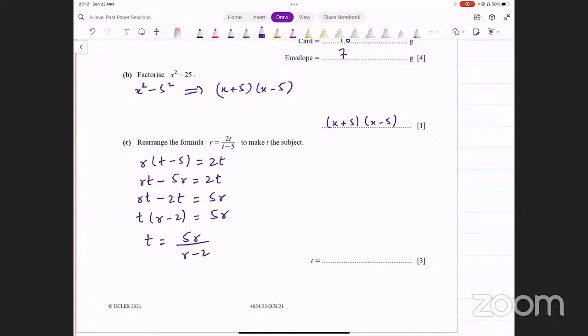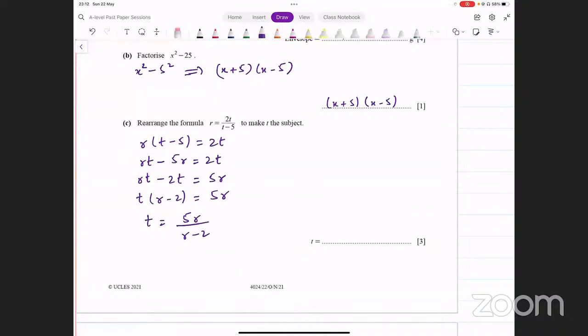You made t the subject, and that's all that you've got to do here. हमने t को subject बनाना, तो ये हमारे पास आ गया. Let's write that down here. That's 5r over r minus 2. That's your final result. ठीक है, so that's pretty easy, 3 marks.